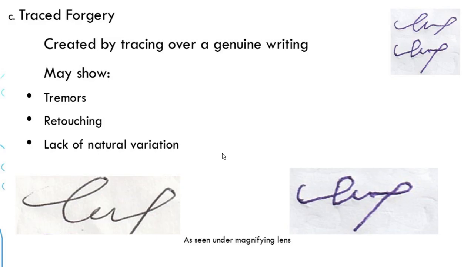Unlike this one, look at this, where it started thin, very sharp, because normally when a genuine writer is writing, before the pen is touching the paper, it's already moving. That is why you see a sharp or pointed beginning, and you see varied pressure, varied thickness.